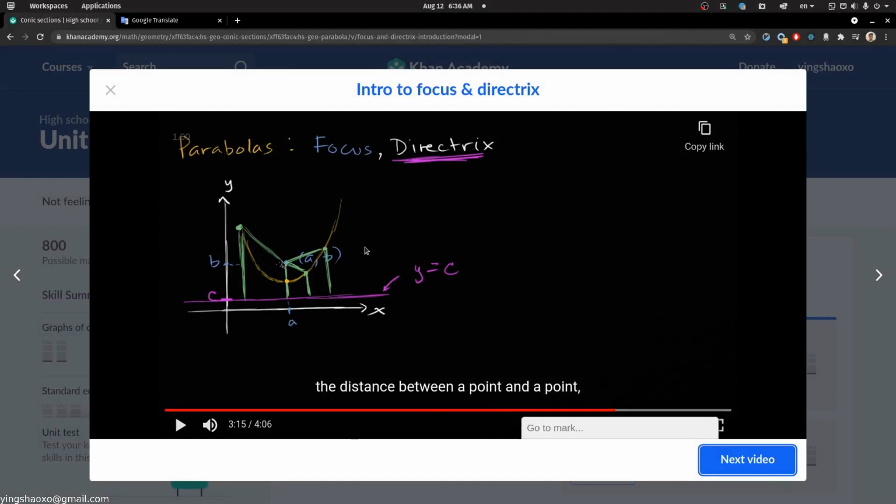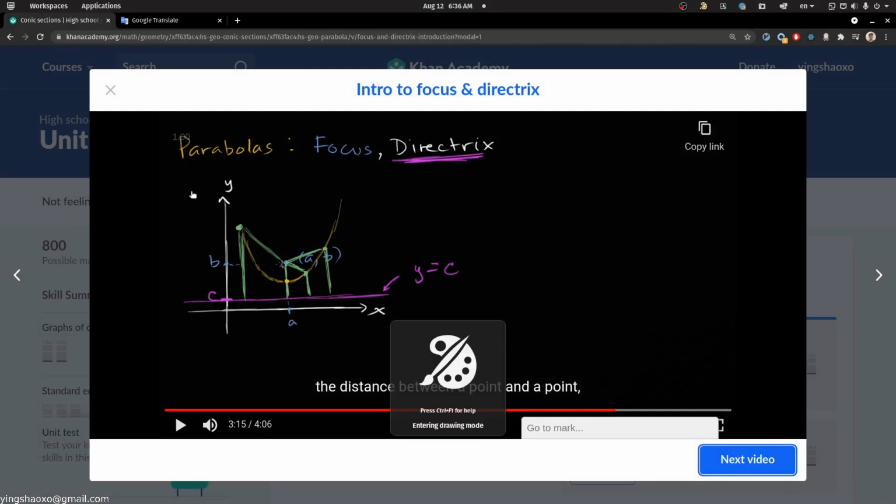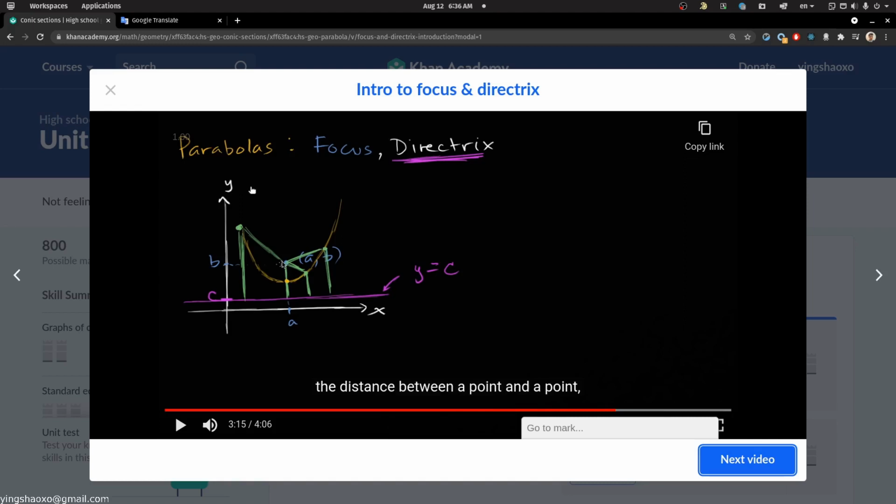I guess this is quite a new idea about the parabola. I think I have never learned such a thing before in the Chinese classroom, but this is quite new. So the focus of a parabola and the directrix related to the parabola.